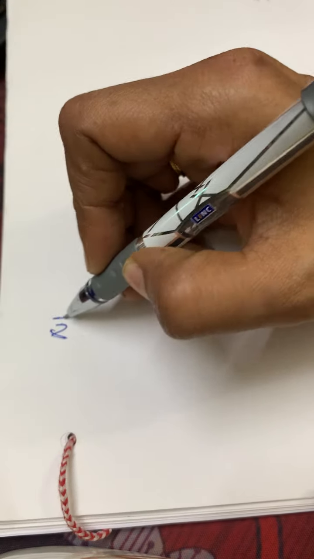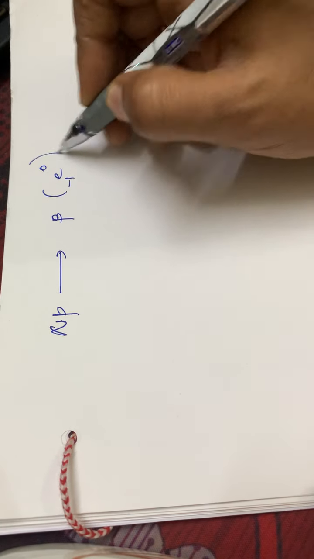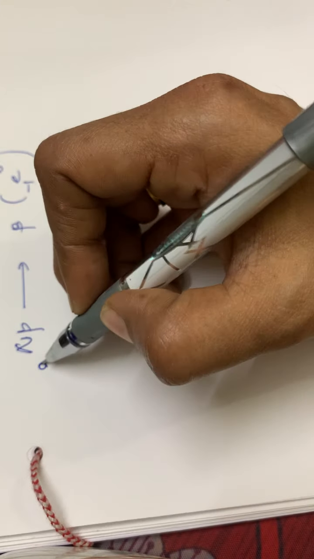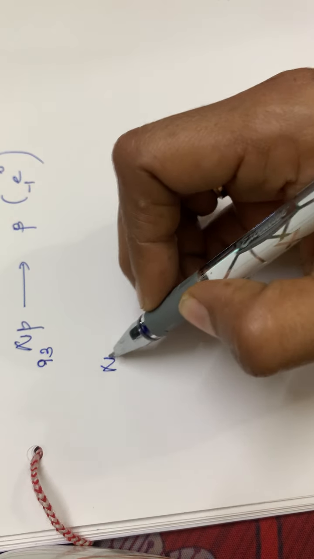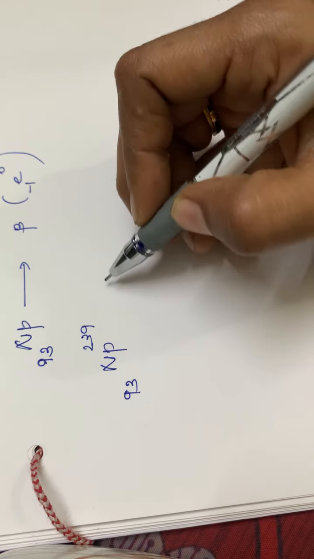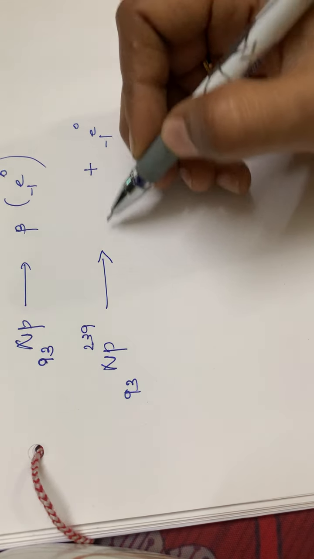Okay. In the next stage, this neptunium emits a beta particle, e, 0, minus 1. We can write the equation; the atomic number of neptunium is 93 and the mass number is 239. Then it emits a beta particle plus another element.